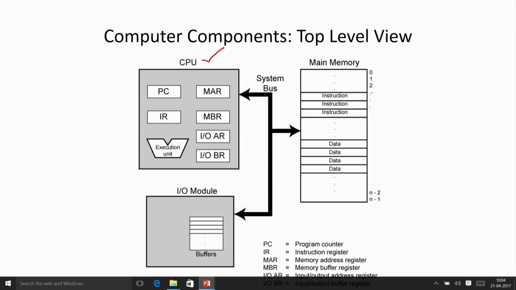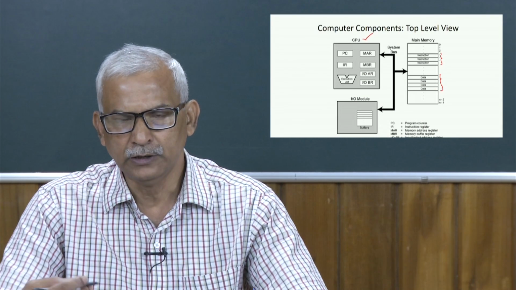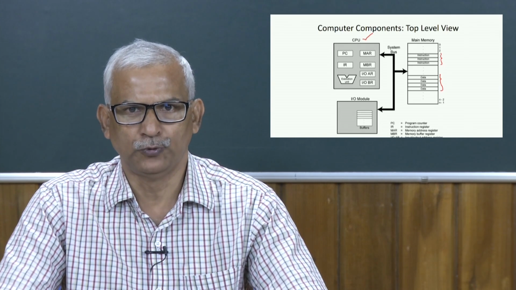Here we have the program, which we write as instructions, and in some memory locations we have our data. The processor works with the contents of the main memory, but how do we get information into the main memory, and how do we get the result to the users? For that we need some I/O devices, input output devices.